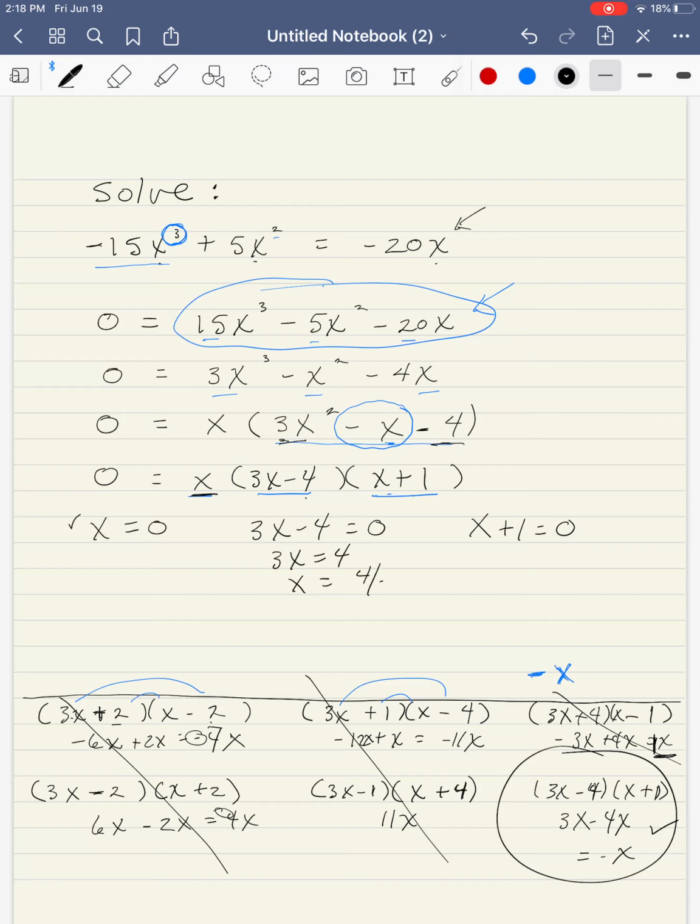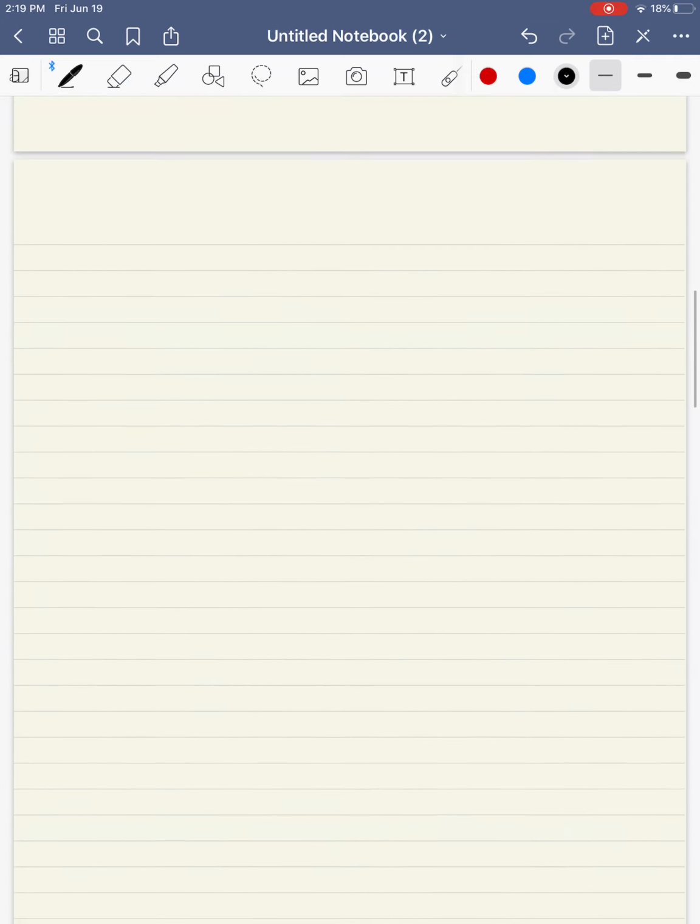Then I can solve this one for x, and I can solve this one for x. And I end up with 3 different solutions as I expected because of the x cubed. So on this problem, once we divided out that variable, we ended up with the quadratic, and we could use quadratic methods to continue to solve.